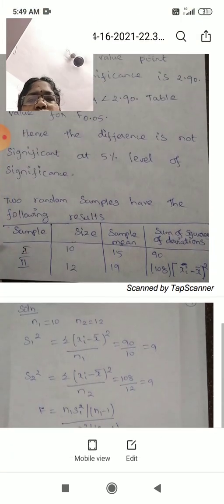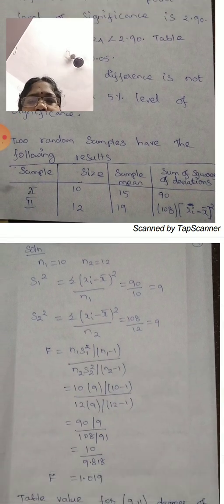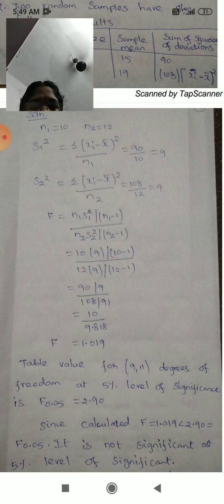Here n1 is 10, therefore 10 minus 1 equals 9, and n2 is 12, therefore 12 minus 1 equals 11. The table value for 9 comma 11 degrees of freedom at the 5% level of significance is 2.90.